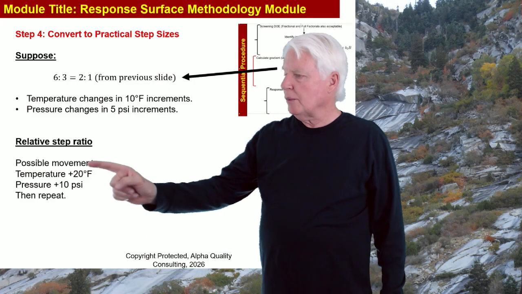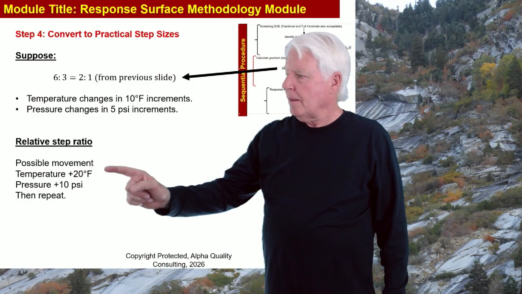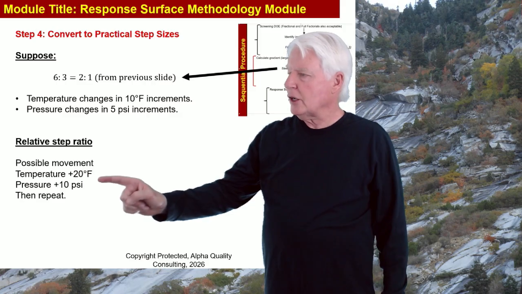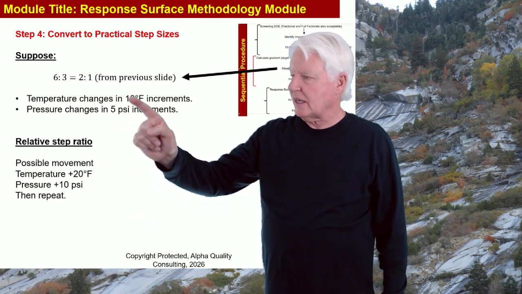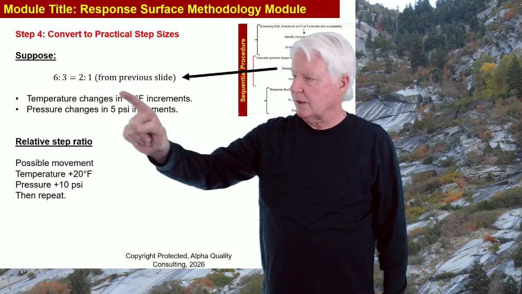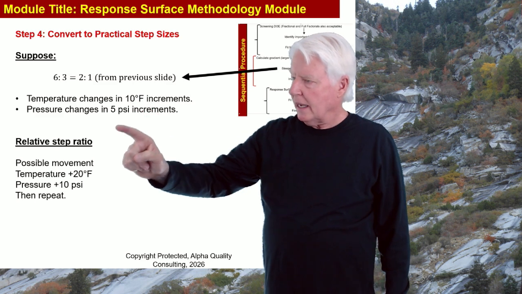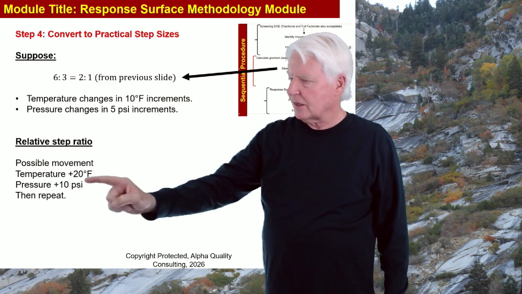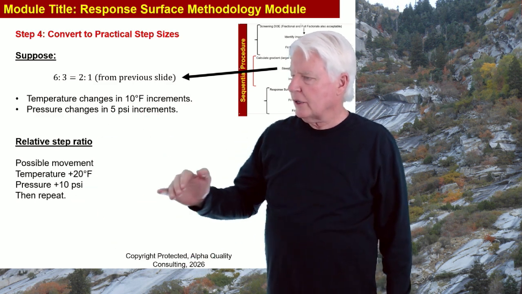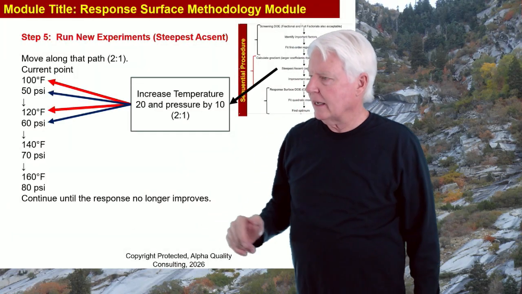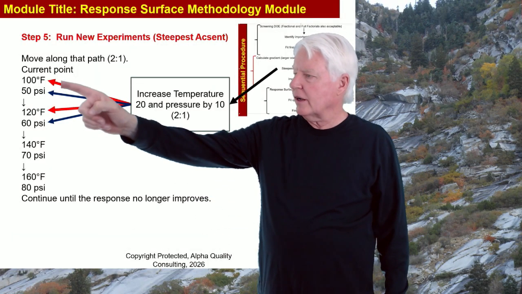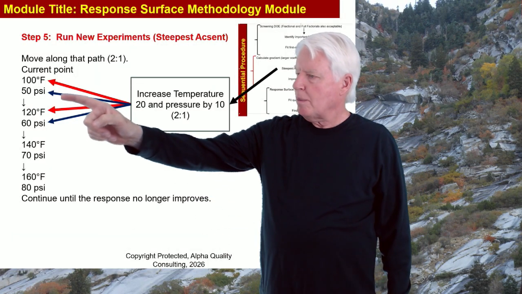Relative step ratio, possible movement. We're going to go temperature plus 20 degrees, because this is 10 degree increments, but it's 2. So I'm going to make that 20, and I'm going to make this 10 because it's 2 to 1. And we're just going to repeat that over and over again. We start out with 100 degrees Fahrenheit and 50 PSI.